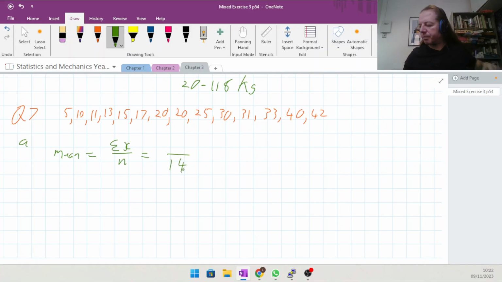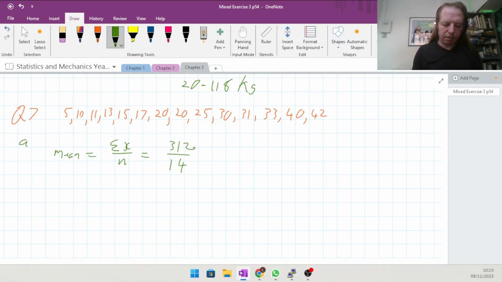There's 14 of them, so I can do 5 plus 10 plus 11 plus 13 plus 15 plus 17 plus 20 plus 20 plus 25 plus 30 plus 31, 33, 40 and 42, that's 312.